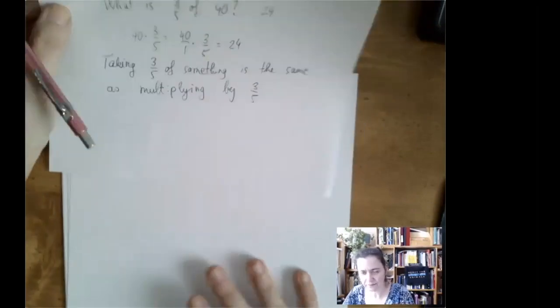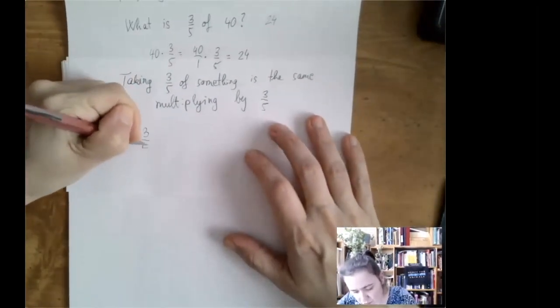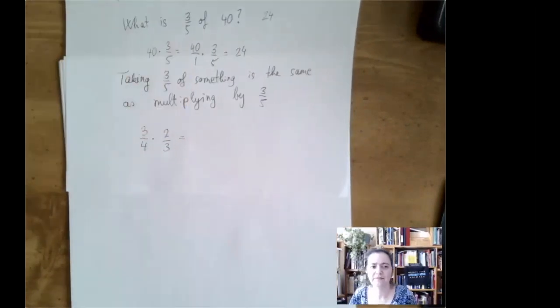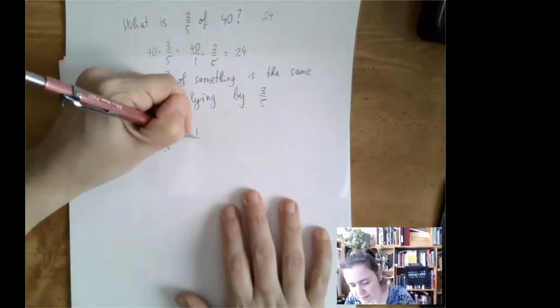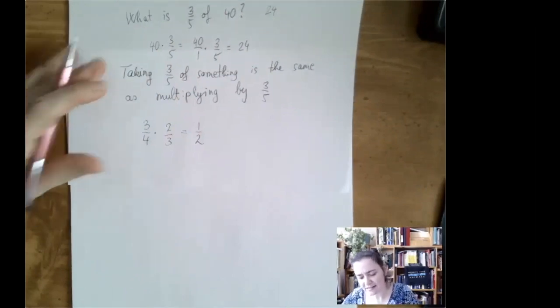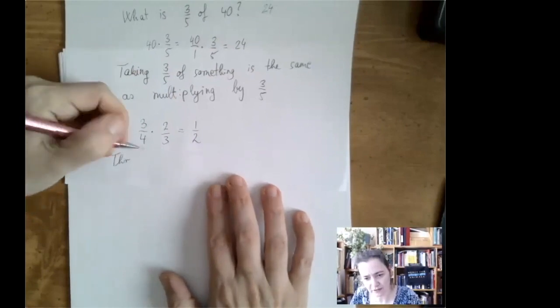Let's say something easy, like 3 over 4 times 2 over 3. If we perform the rule, we're going to get 6 over 12, or with cancellation, 2 over 4. Basically, we're going to get 1/2, right? One way or the other, we're going to get 1/2. But now I want to show you that this is the same as 3/4 of 2/3.